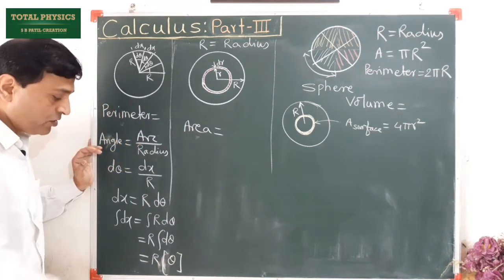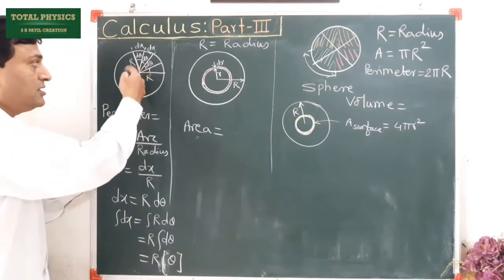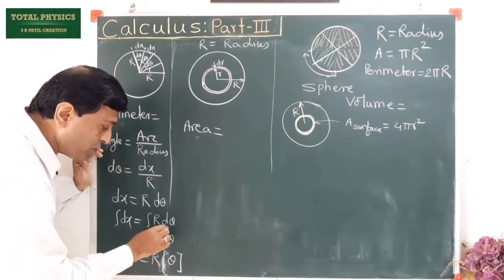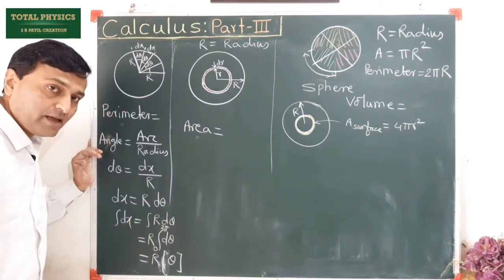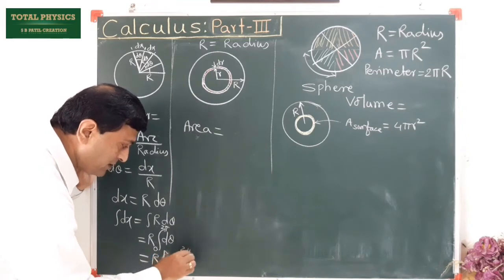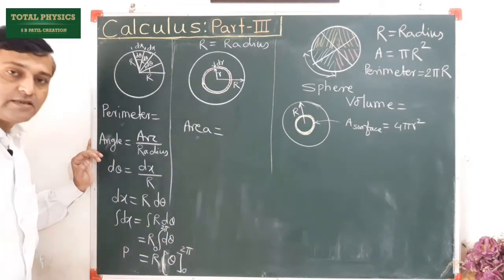Why? Because the addition of all d thetas is the total theta, and the total theta for one complete circle is nothing but 0 to 2 pi radian, and we know that. That's why you can write 0 to 2 pi here. This is the perimeter, this is the circumference.